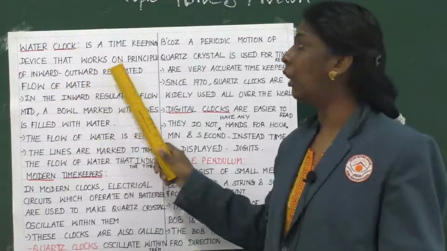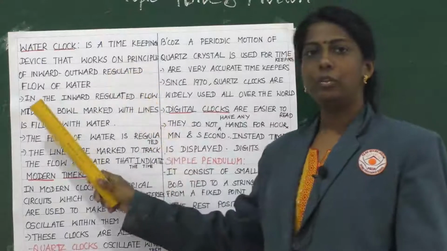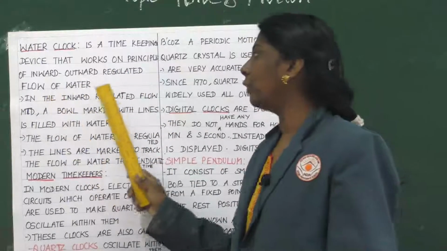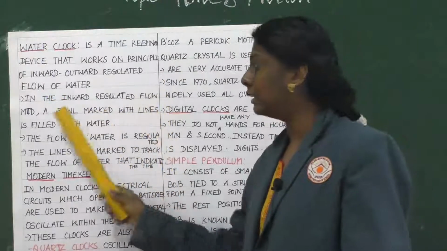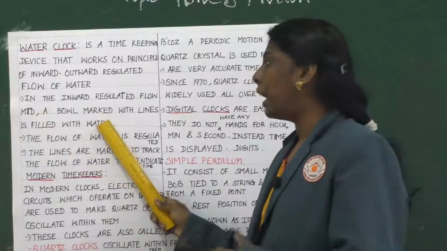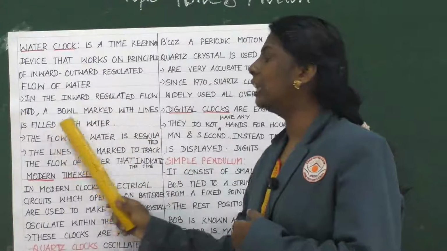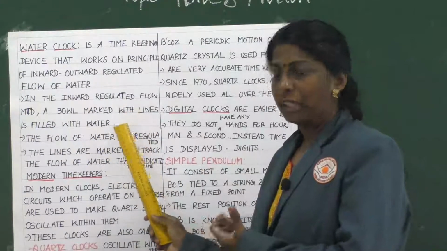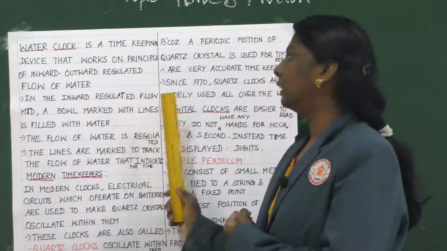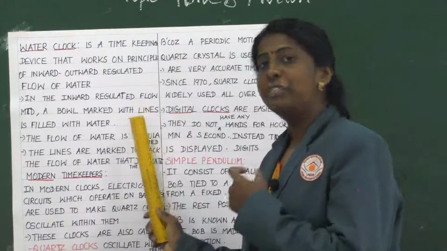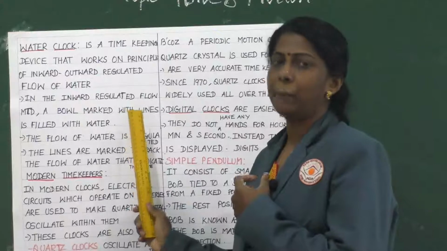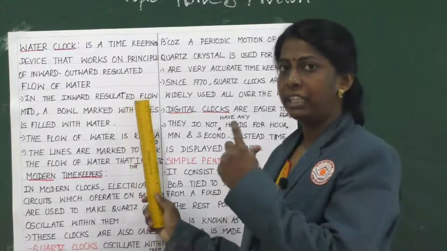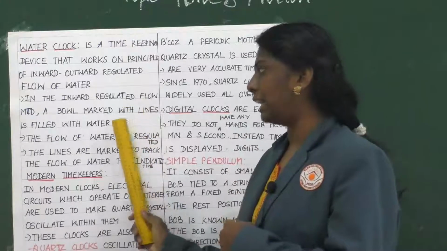In the inward regulated flow method, a bowl marked with lines is filled with water. Say for an example, it might be 100 ml or 200 ml. We know definitely this much amount of water is there.